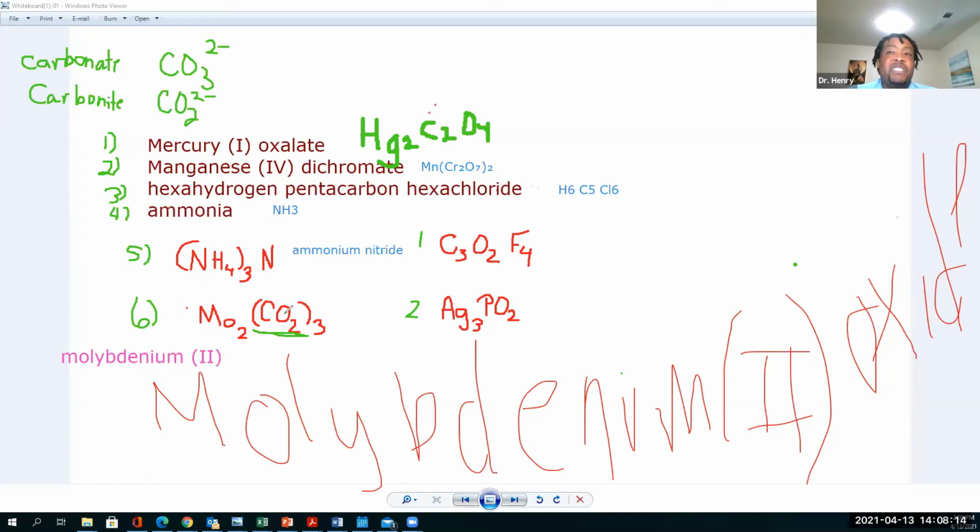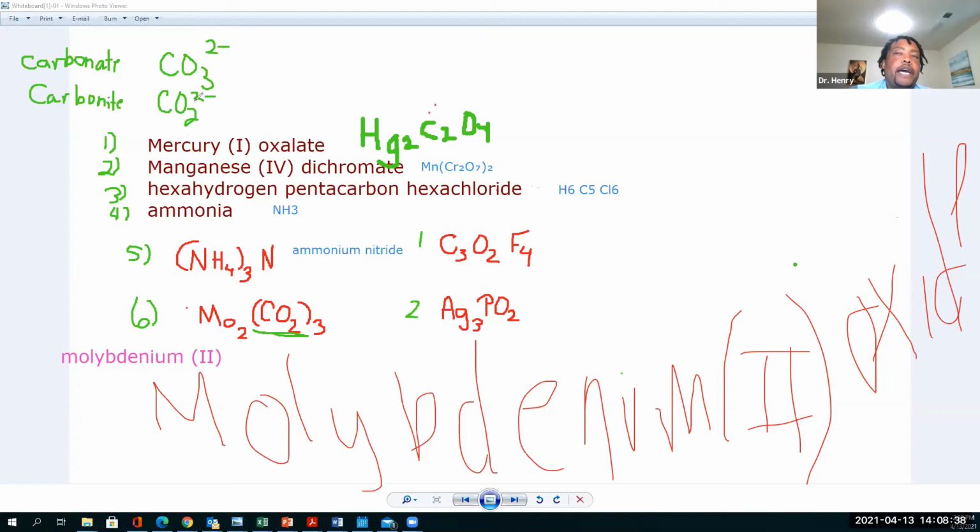Okay, so is that CO2? Yeah, and let's assume that it's 2 negative, right? So molybdenum carbonite. Okay, now what would be the charge on it though? On your molybdenum there?